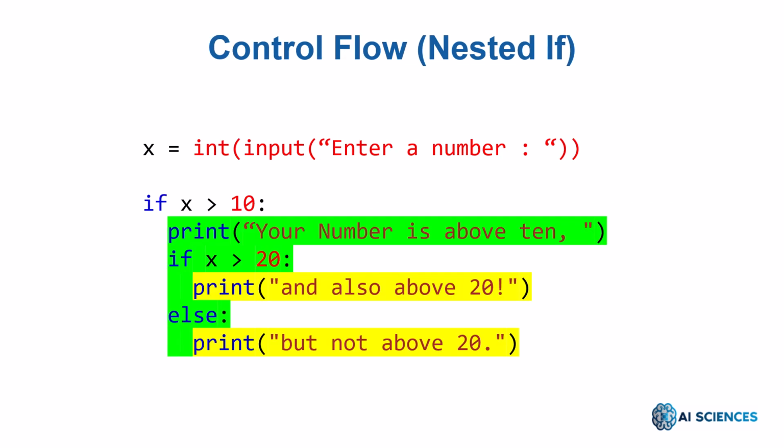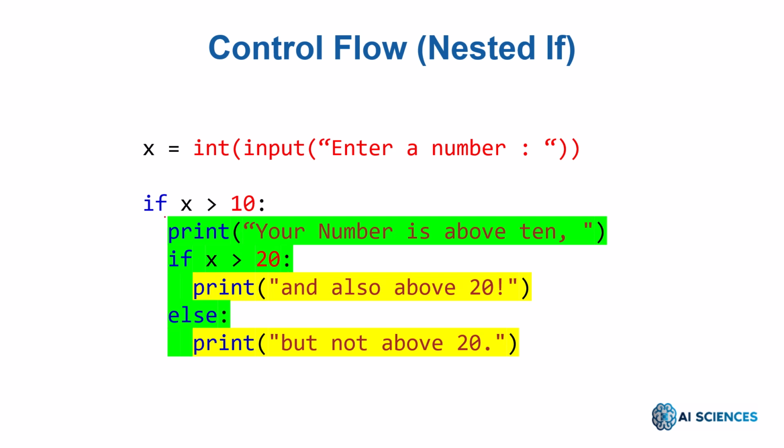So today we are going to talk about nested if, an if inside an if. For example, let's say you call the input function, enter a number, and you are expecting an integer, so you typecast the string into an integer, and then you check if x is larger than 10, then you print your number is above 10.